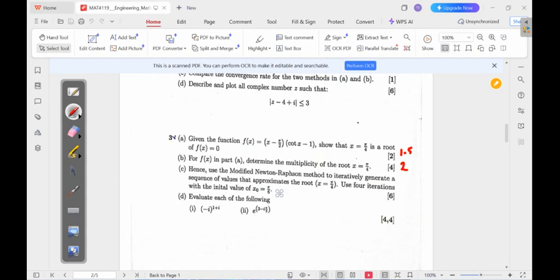Then question 3c, I would allocate maybe about 6 minutes. I'm not doing this because there are 6 marks. Then this one, maybe I can pick about 7 minutes. So if you add 8 plus 7 plus 1.5, you're answering this question in about 16.5 minutes, which I feel is fair enough.